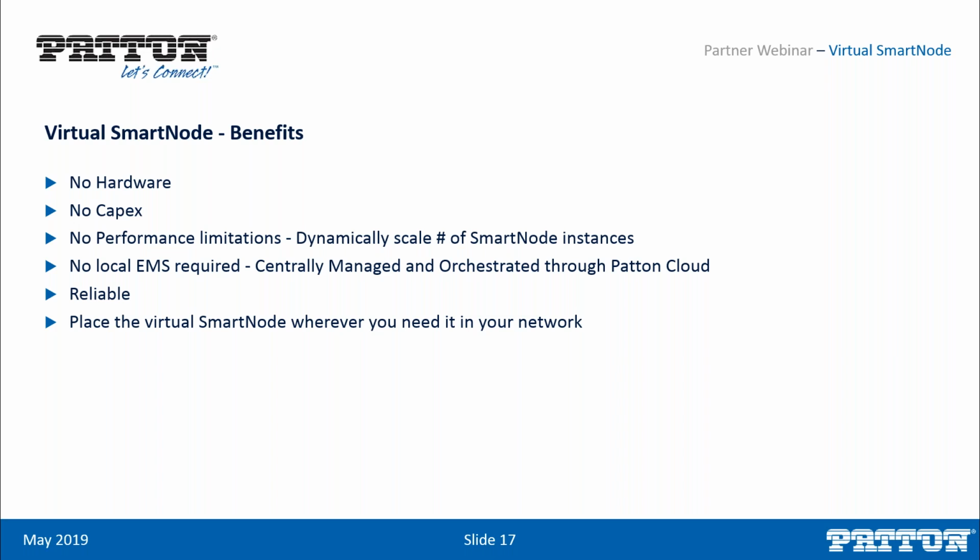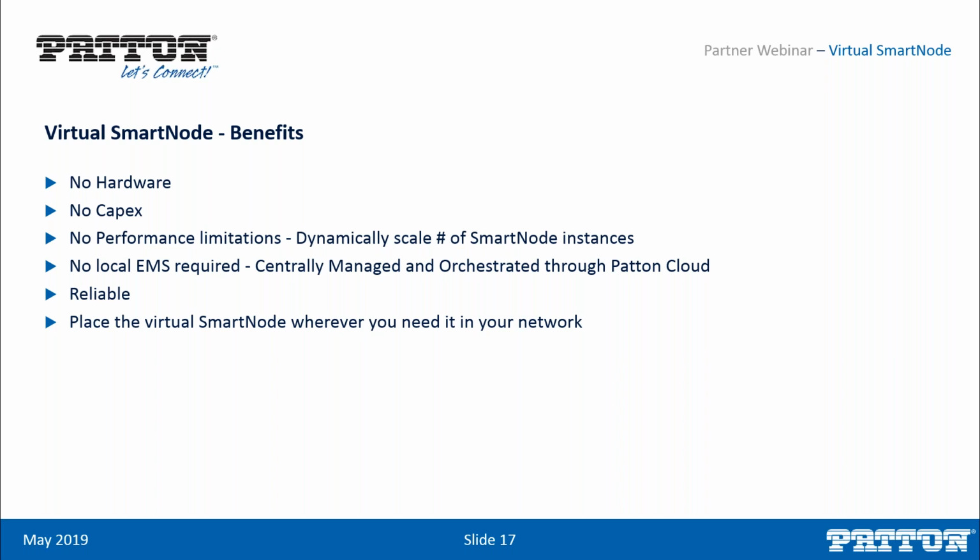Okay, and then another question from Darko. Can we connect the virtual SmartNode to the cloud and after that continue to work without the cloud connection? That's actually a very good question, right? For instance, imagining what's going to happen if there is an issue with the access link or the connection to the patent cloud. So the answer is yes.